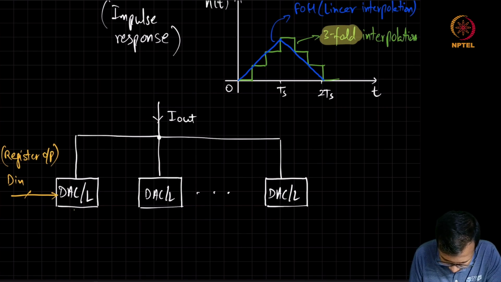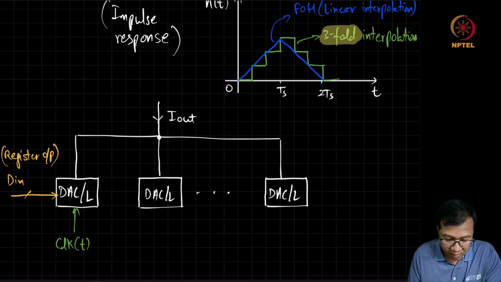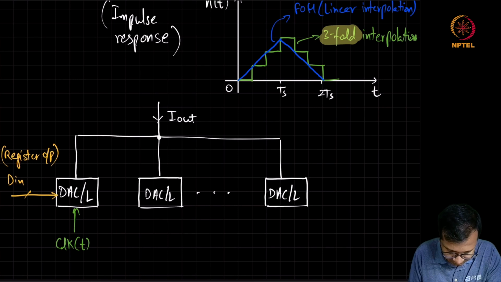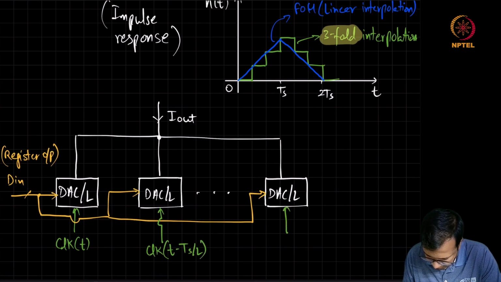And for the clock, we can generate a clock signal which is delayed by Ts/L and fed to each of the subsequent DAC units.